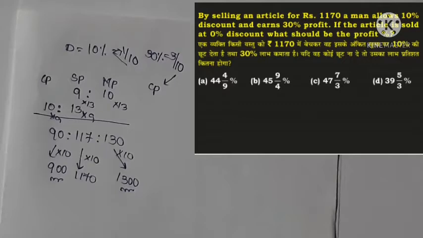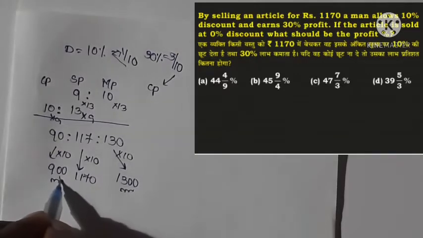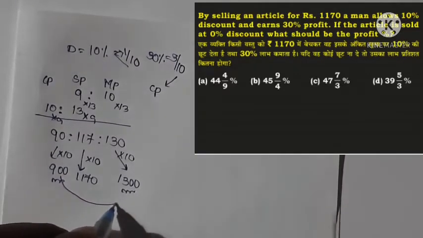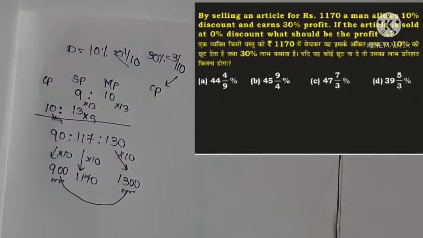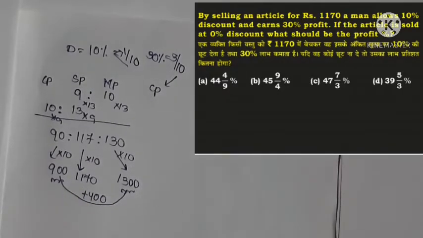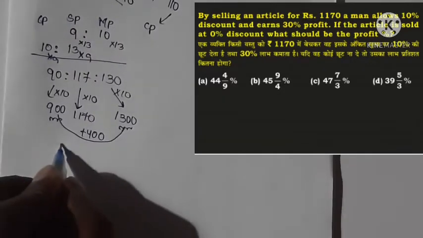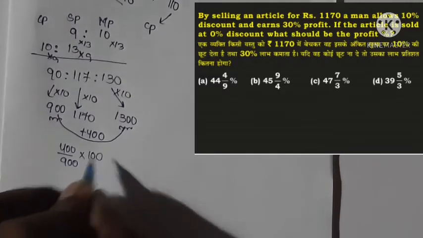The article is sold at 0% discount. What should be the profit? There is no discount, that means the cost price is 900 and the market price is 1300. That means the profit is 400 for 900. So the percentage is 400 by 900 into 100.